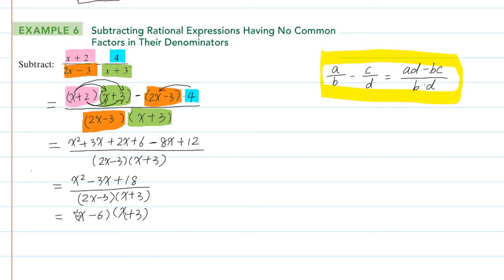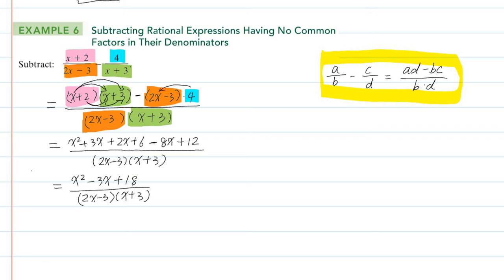So since we cannot cancel it, all we have left will be your final answer right there. Again, make sure you understand this. Because it's a plus 18, I couldn't factor it. That's why I have to leave this alone. So that is the final answer.